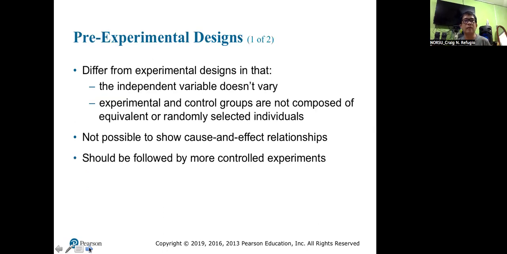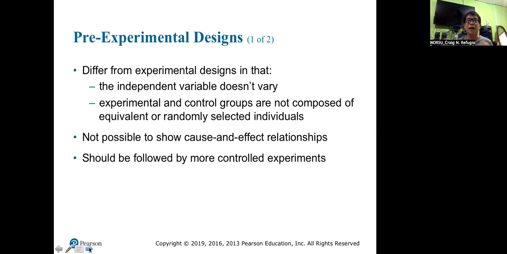Pre-experimental designs differ from experimental designs in that the independent variable does not vary. Experimental uncontrolled groups are not composed of equivalent or randomly selected individuals.